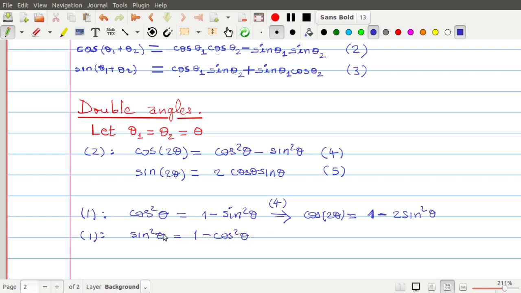Now if we take this and substitute into 4, we have negative 1 and we add, so there will be 2 cosine square theta minus 1. So cosine 2 theta is equal to 2 cosine square theta minus 1. So you see that we are already generating a lot of formulas. So this is 6, this other one is 7.